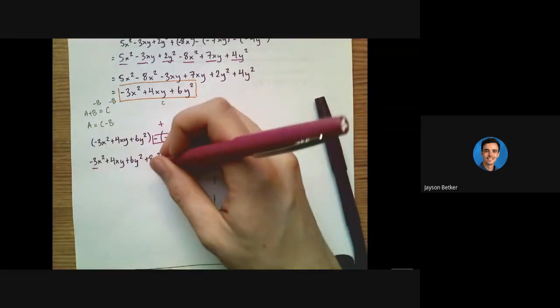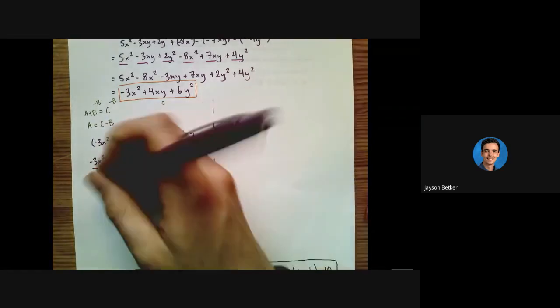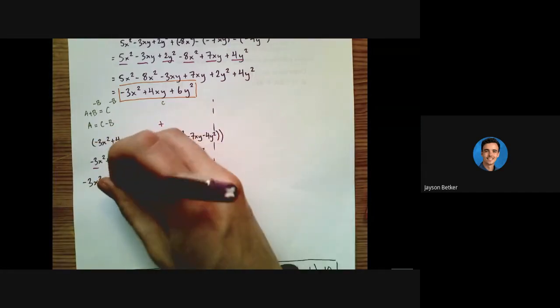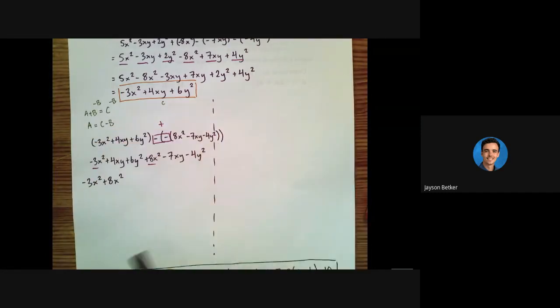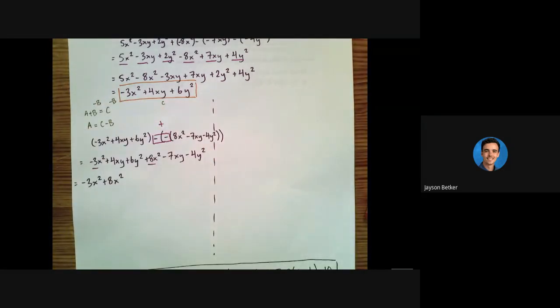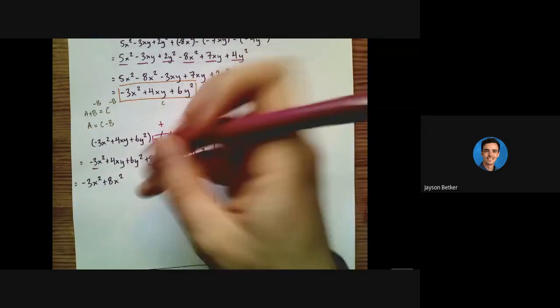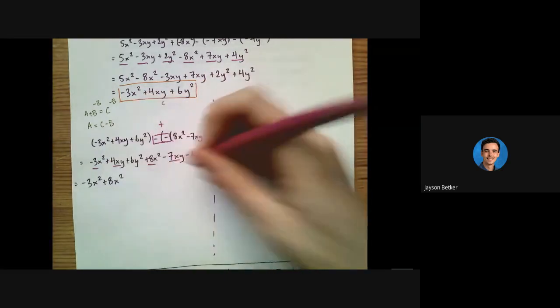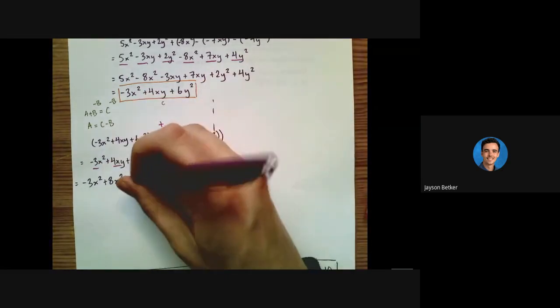So negative 3 plus 8 with the x squareds. I'm going to put some equal signs here so we know that we're ending up saying that this is equal to this. And then we'll do our xy's. So 4xy minus 7xy.